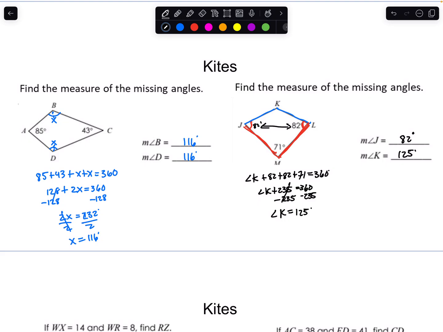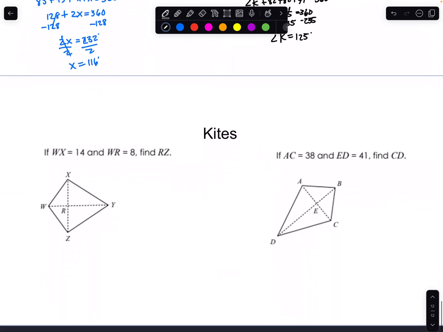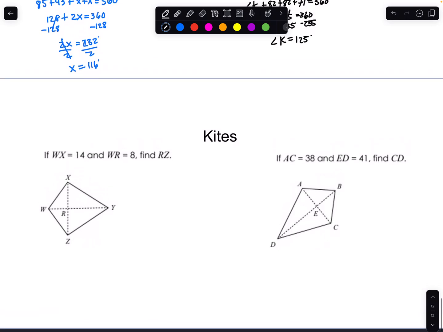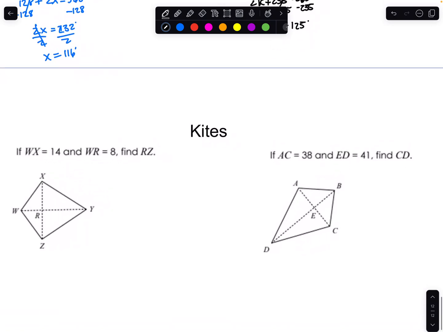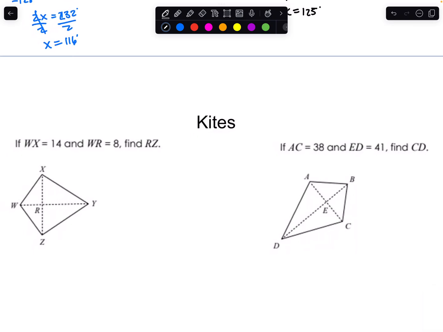Now let's solve for the missing sides. We've identified which pair of opposite angles are congruent. Now let's talk about how I find a missing length. Okay, I'm going to label here. I know that the diagonals intersect at 90 degrees, so I'm going to label this as a 90 degree angle.